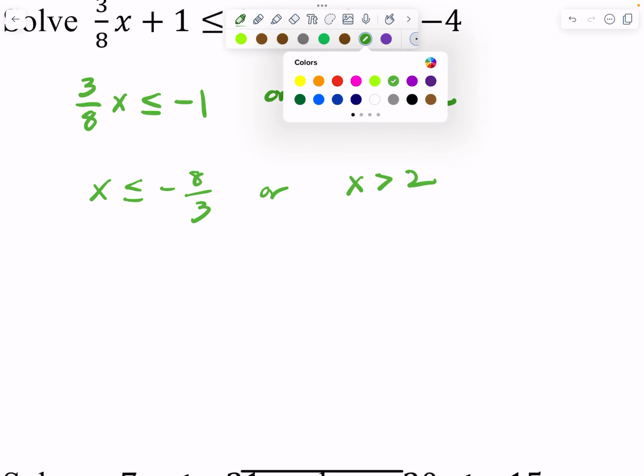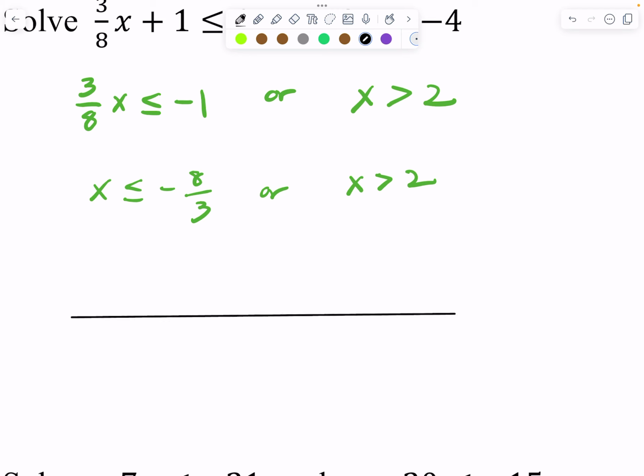Okay, so now once we have x by itself on one side of the inequality, we can think about representing the solution set. So if we have -8/3, okay, which would be -2 1/3. So if this was 0, and then let's just say that this is 2.